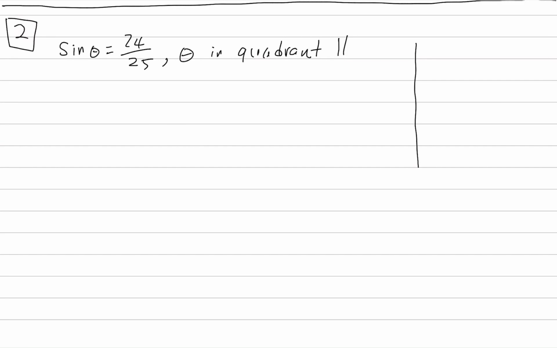So here, for my problem, it tells that sine theta equals 24 over 25. And it tells me that theta is in quadrant 2. So that means my angle measure is somewhere here. Here's theta.